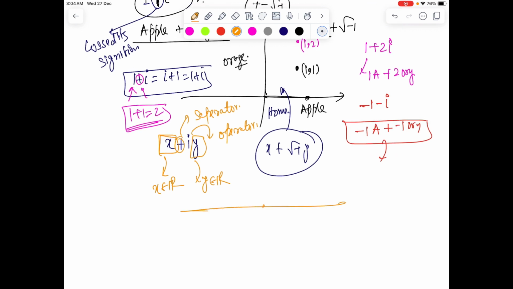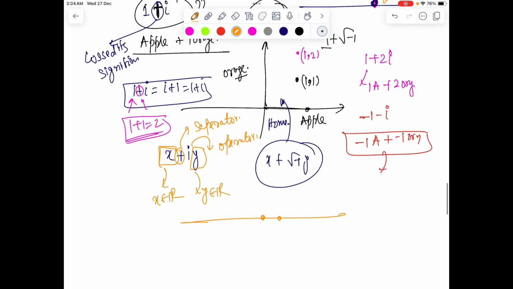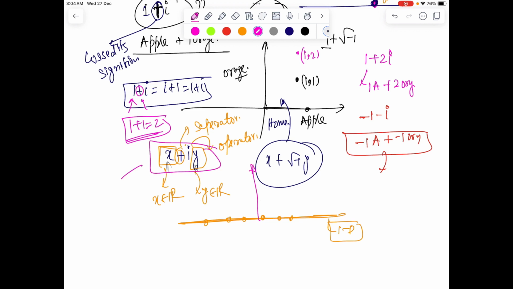Okay, so x alone, you are in one dimension; y alone, you are still in one dimension. So x plus iy is basically made of real numbers, and y is also real. So fundamentally, x and y are coming from 1D, right? And the moment you multiply a real with i, you are transformed into a new dimension. So x plus iy is fundamentally behaving like a two-dimensional ordered pair.